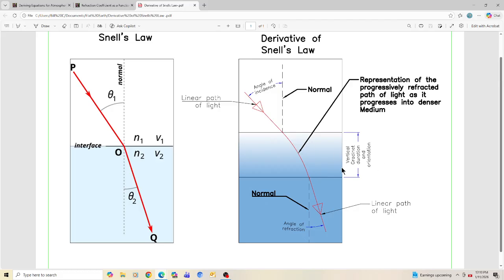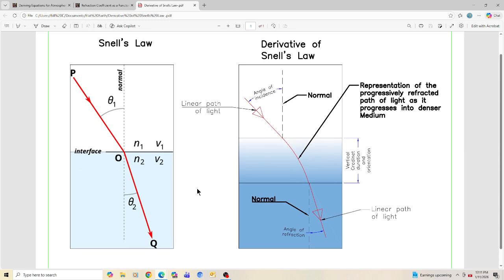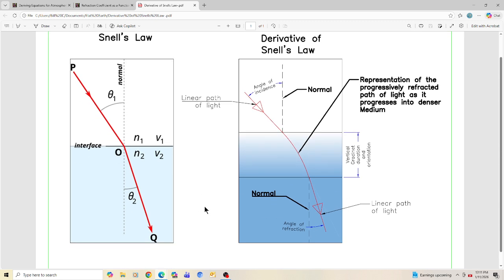Now, I brought in a standard screenshot of Snell's law. The people who are going to jump up and down say, well, our atmosphere doesn't have a solid interface, so Snell's law does not apply. Well, no, Snell's law is refraction.